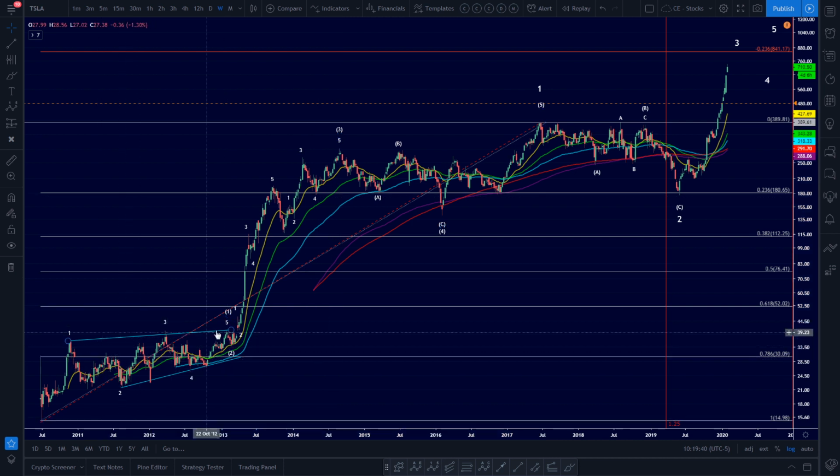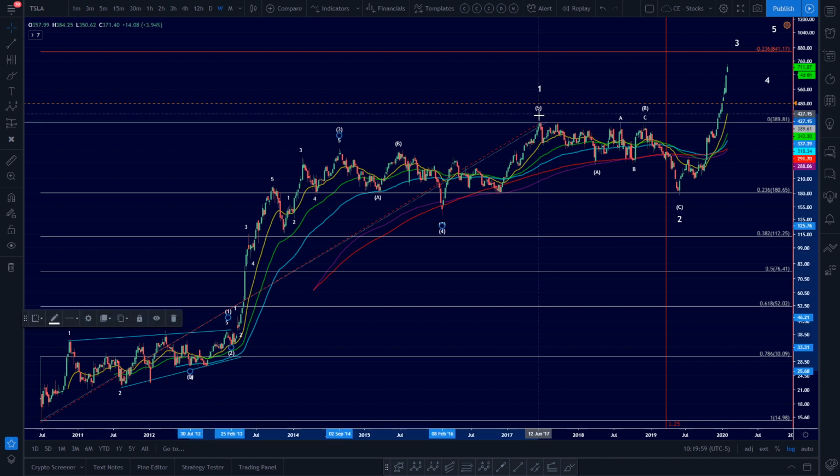So this was wave one of the first wave, two of the first wave, move into wave three of the first wave, and then we do a correction to wave four of the first wave, and then we completed wave five. In my estimations, we completed wave five in June of 2017.